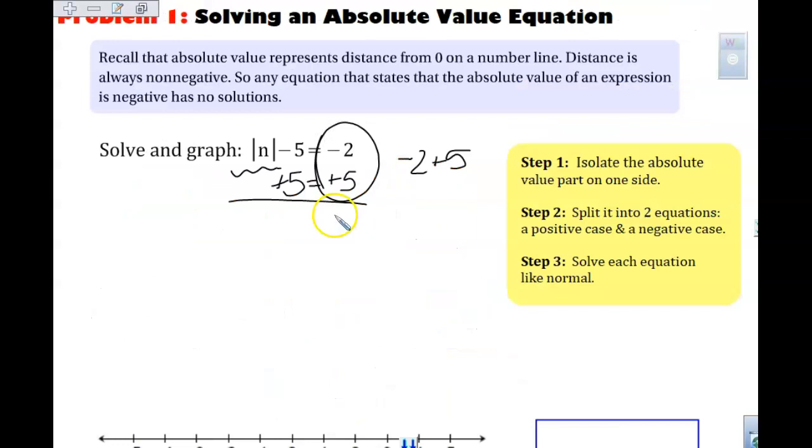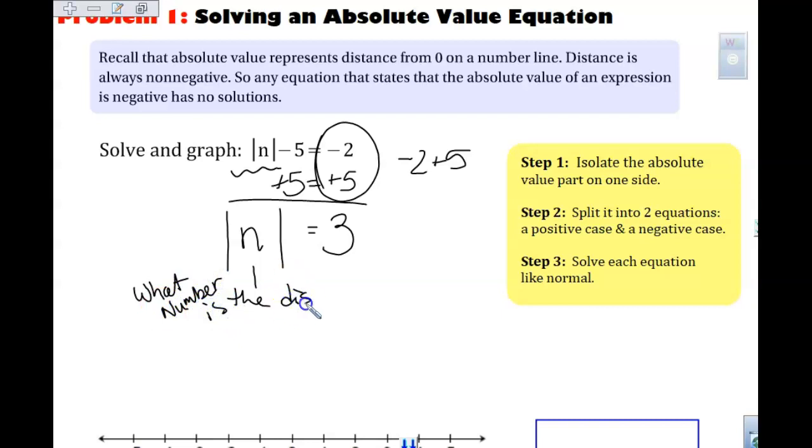Absolute value by itself, we end up with 3. On this side, you get the absolute value of n, which means there are 2 solutions. This means, what number is a distance of 3 from 0?